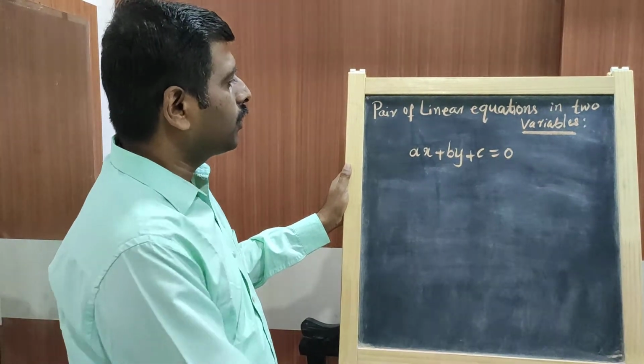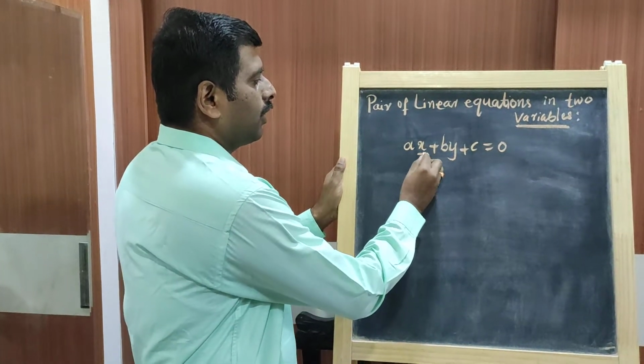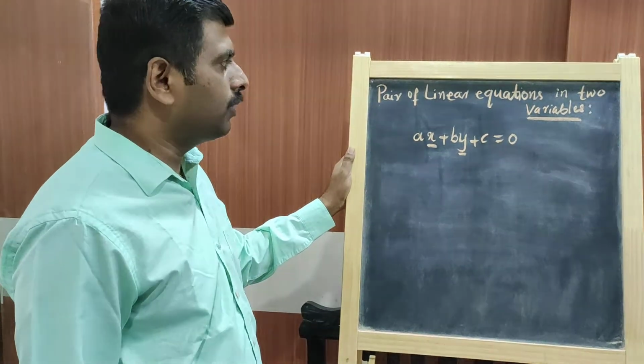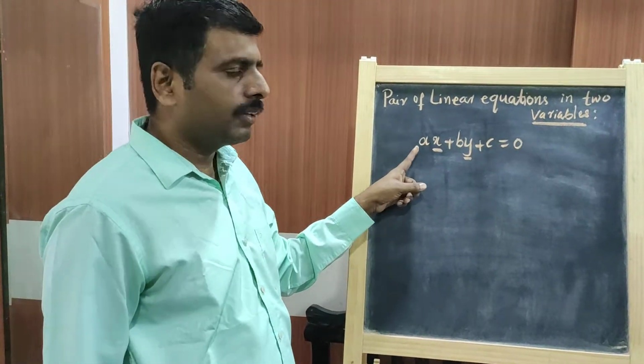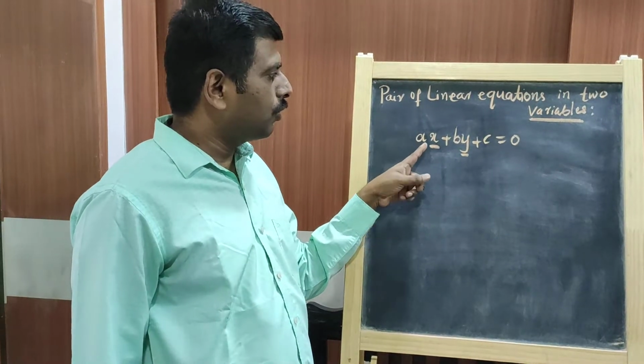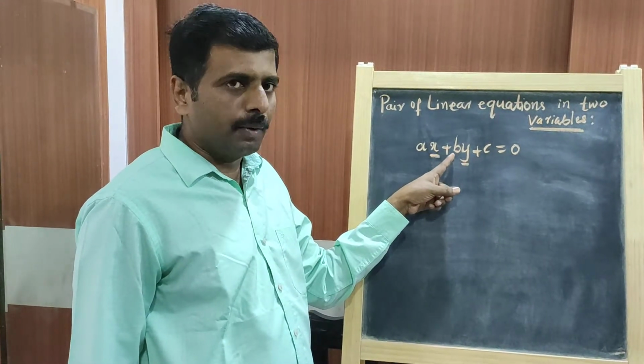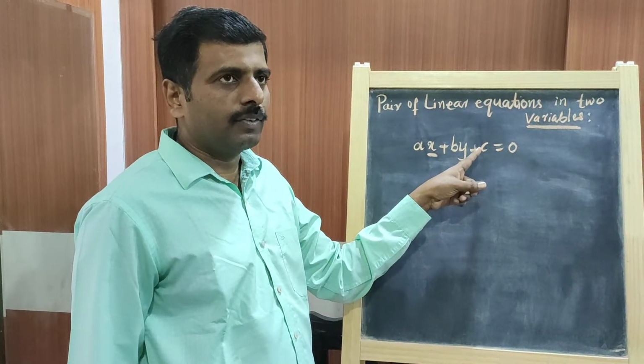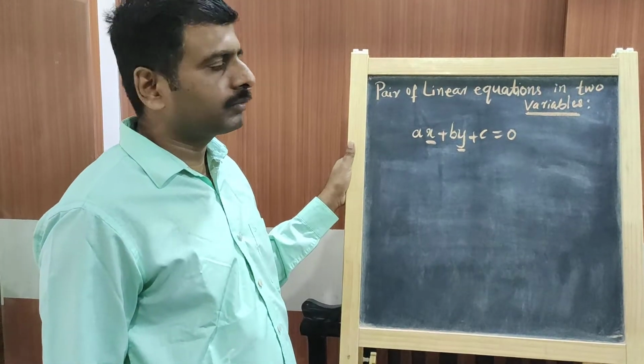In this equation, we can see x and y. These two are variables, whereas a is the coefficient of x and b is the coefficient of y, and c is the constant term.